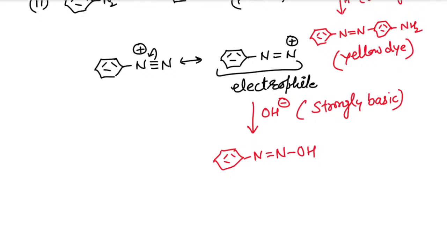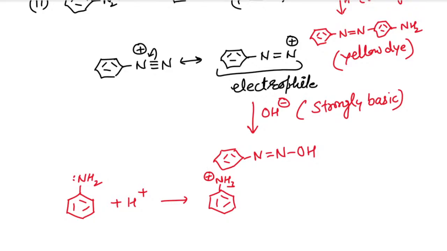Second thing, if we have aniline and the medium is strongly acidic, then it gives rise to the anilinium ion, which is a highly deactivating group, so further reaction cannot take place.